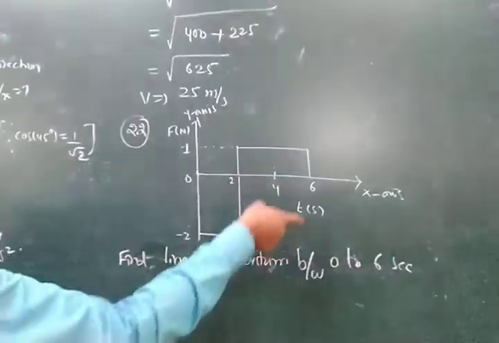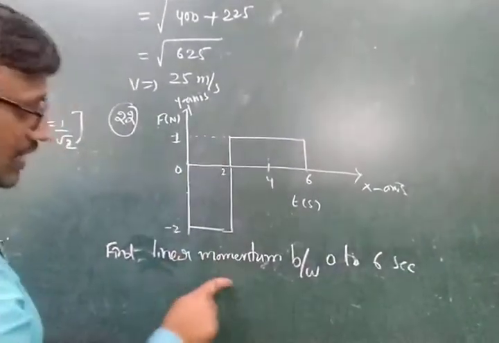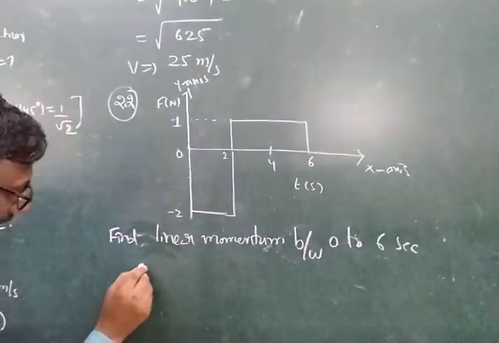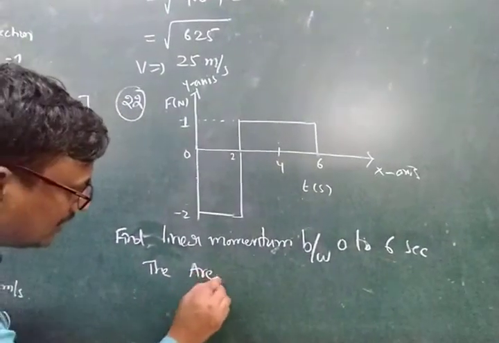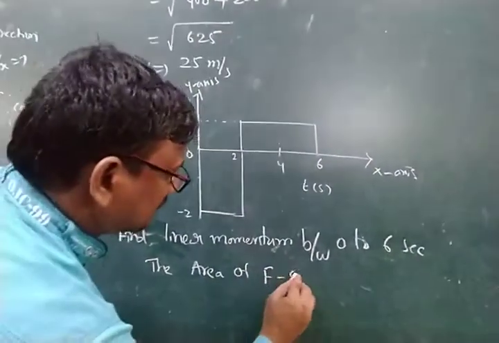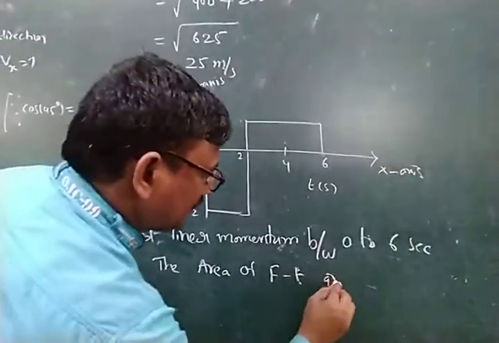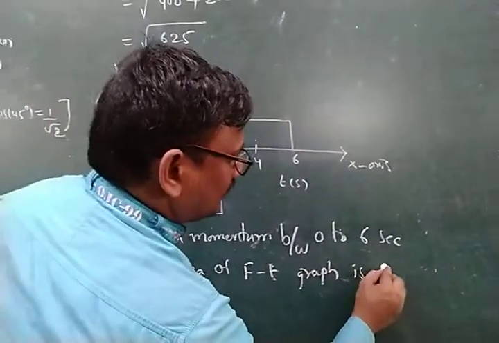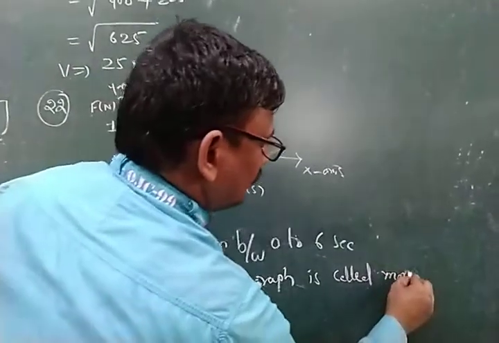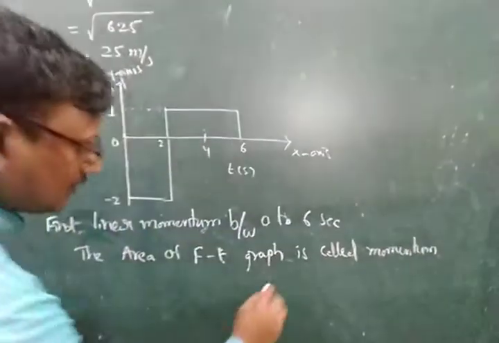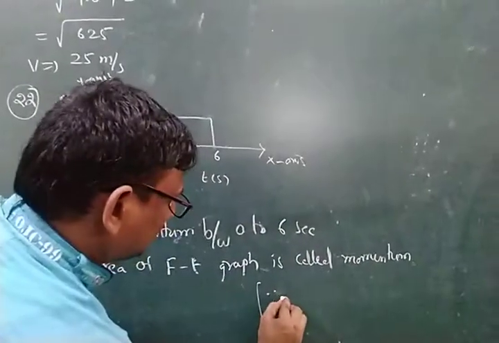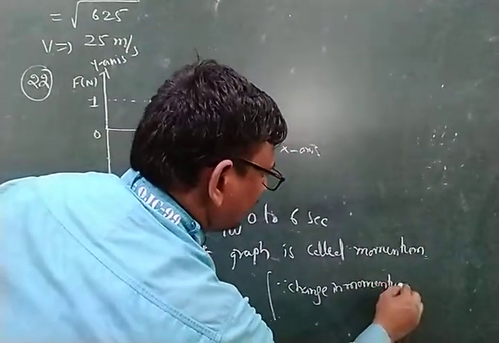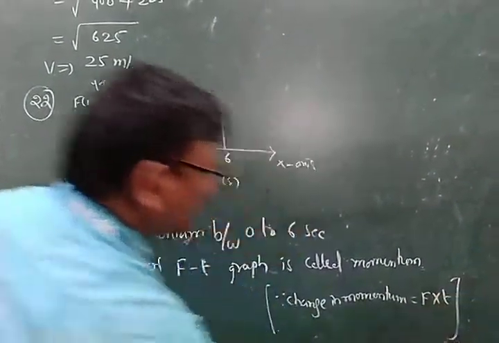So the area of the F-T graph gives the momentum, the change in momentum is equal to F into T, that is the impulse.